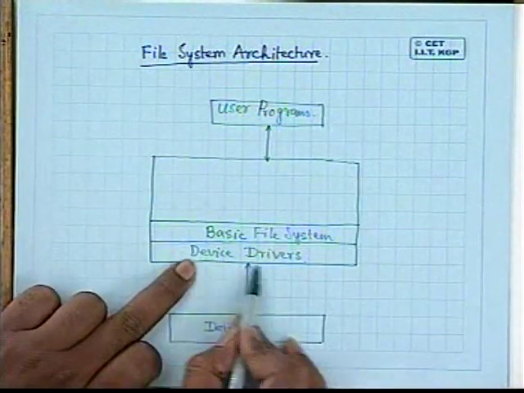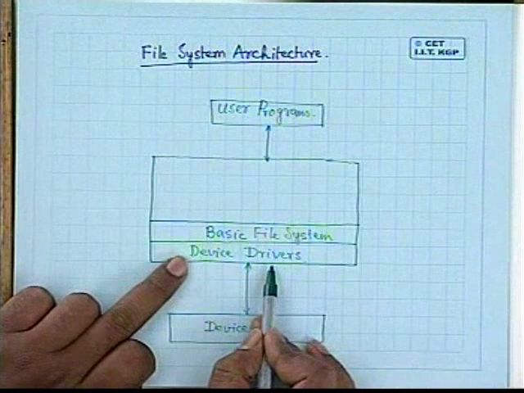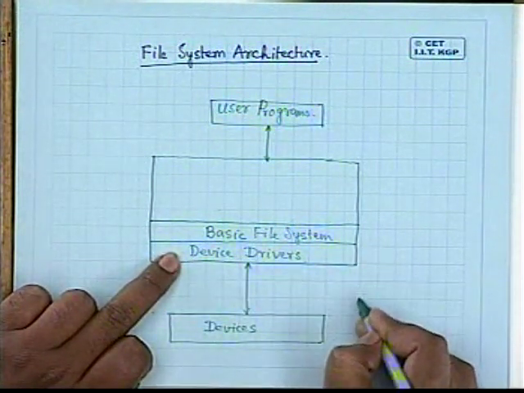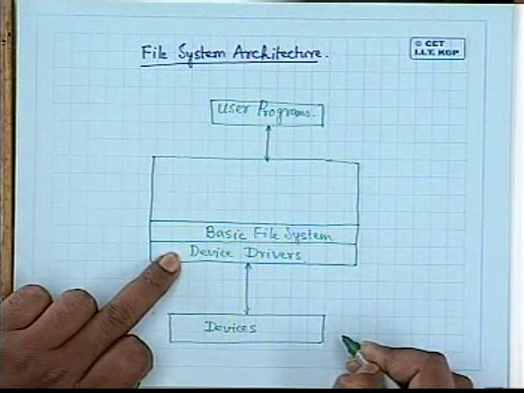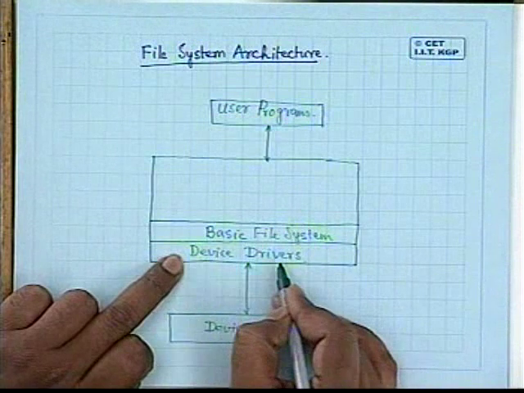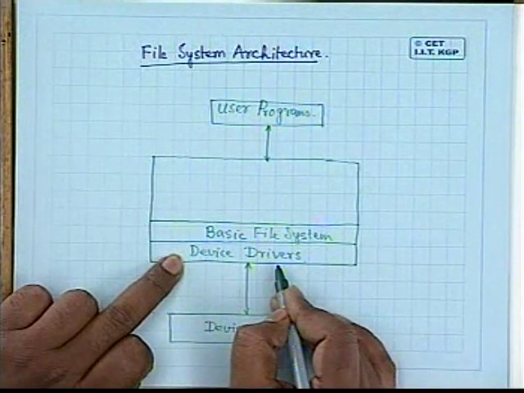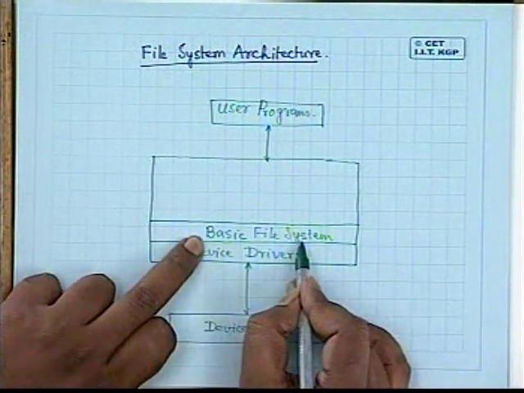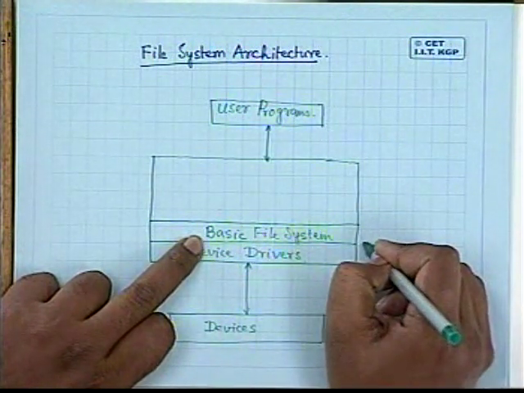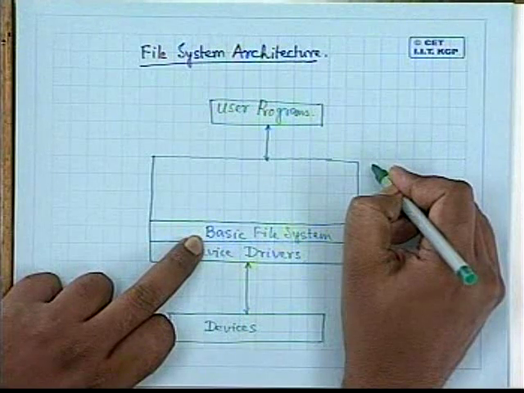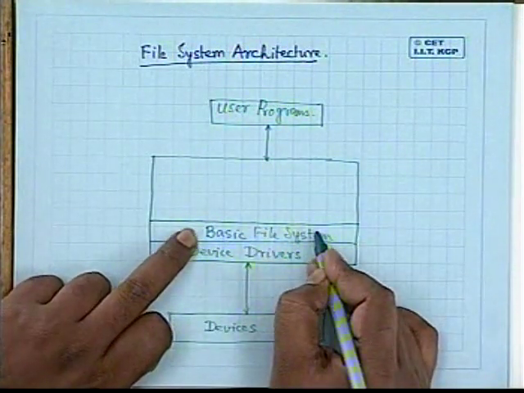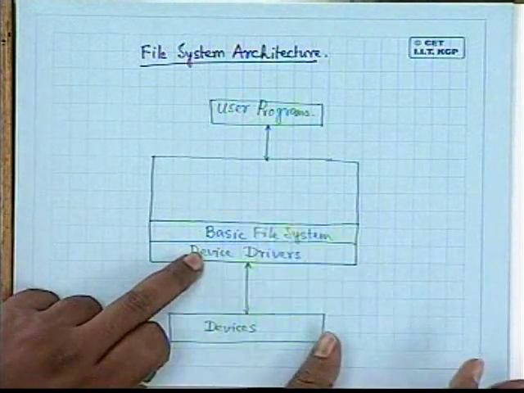Because as I said, though these device drivers are part of the software, for different devices I have to have different device drivers. That means these two layers can be considered together. But I put it in this way because these are nothing but softwares. And this basic file system is responsible for the interface, and whatever I have above this is part of the computer system. So this is the basic interface between the computer system and the environment outside the computer.